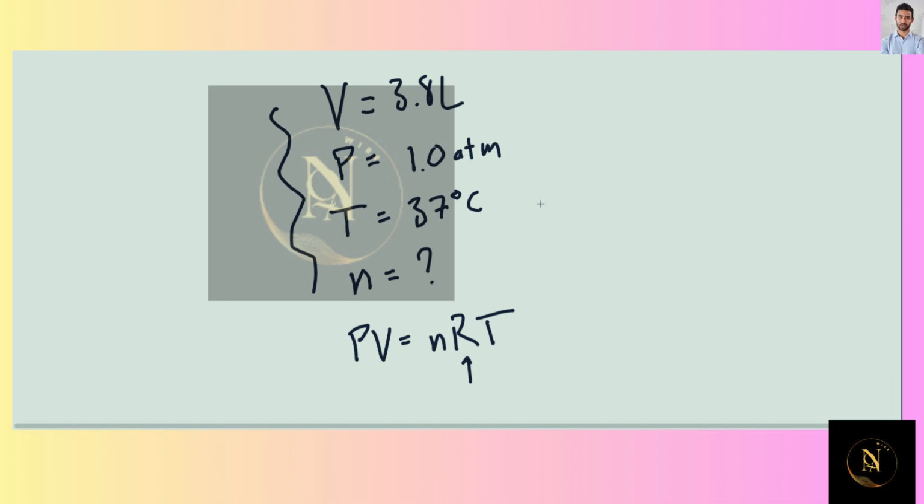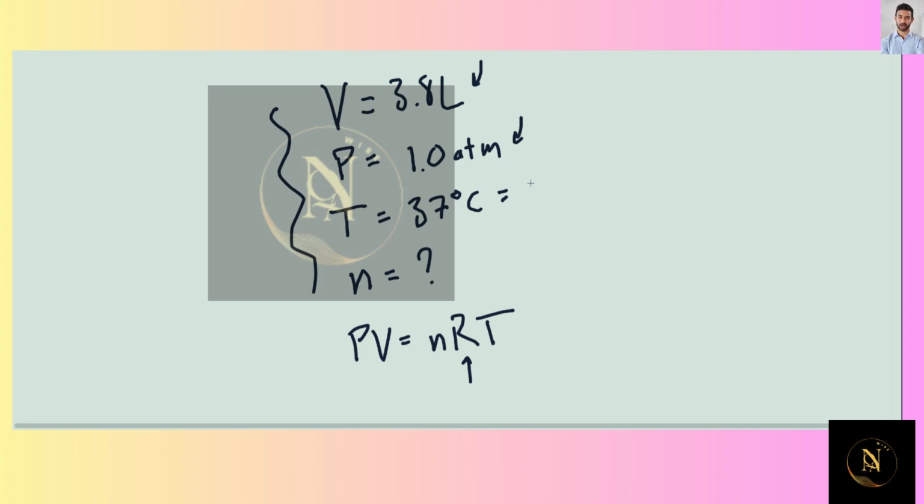So, we want R in units of liters, maybe atmospheres. That would make things useful. We've got one little issue here. They told us the temperature in degrees Celsius, but whenever we're dealing with the ideal gas equation, we like to use Kelvin. And how do we change Celsius to Kelvin? We add 273.15.